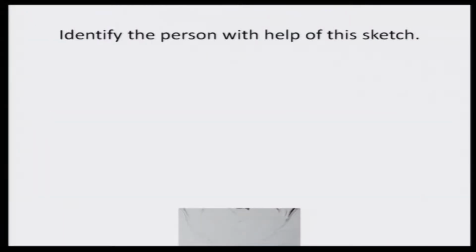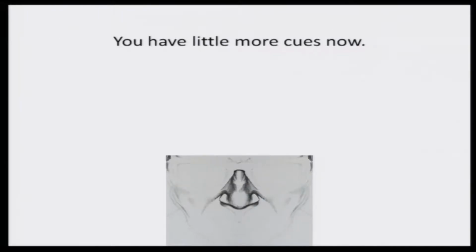Now, I ask you to look at your screen and, based on the sketch that you see at the bottom of the screen, identify the person, and I am sure none of you would be able to identify the person. I add a little bit to it and I say, can you now identify the person, given that you have a little more cues? Perhaps some of you might make a guess.